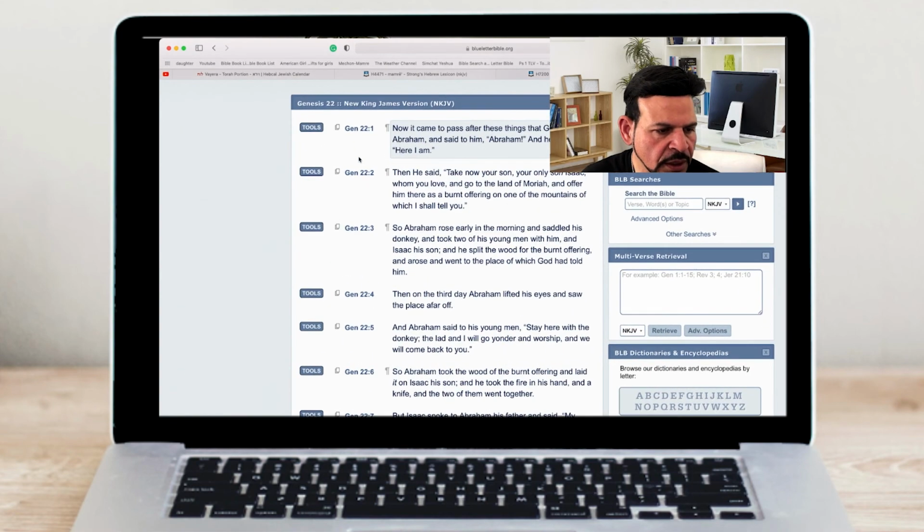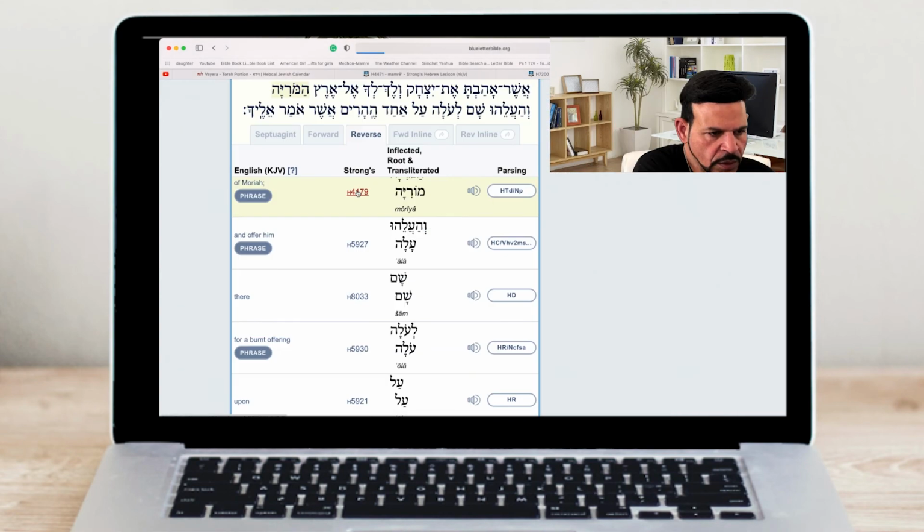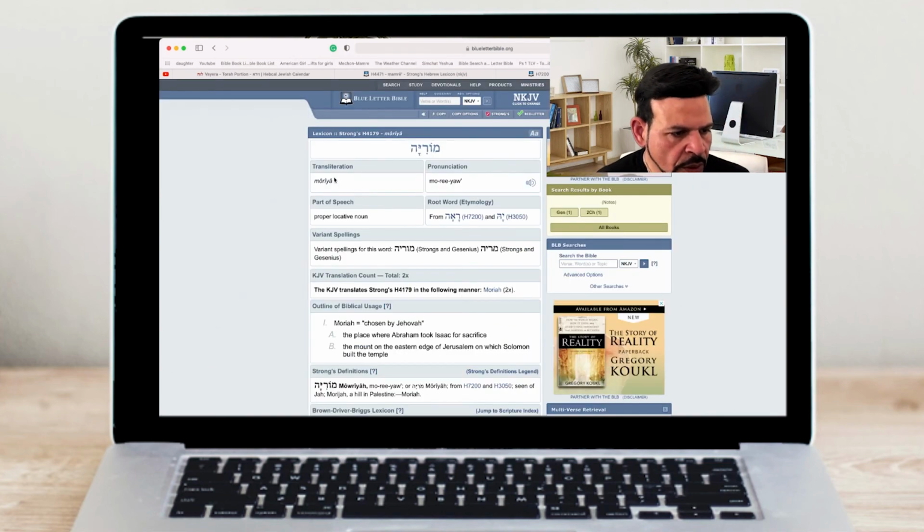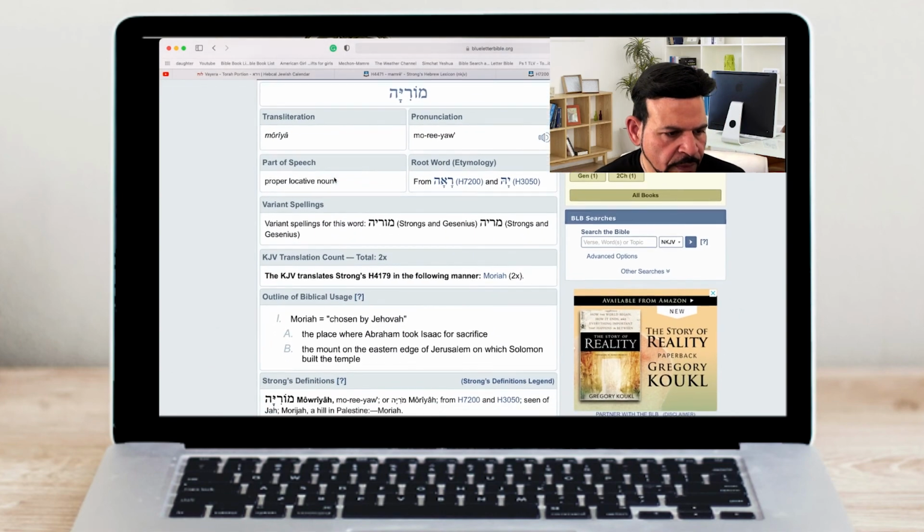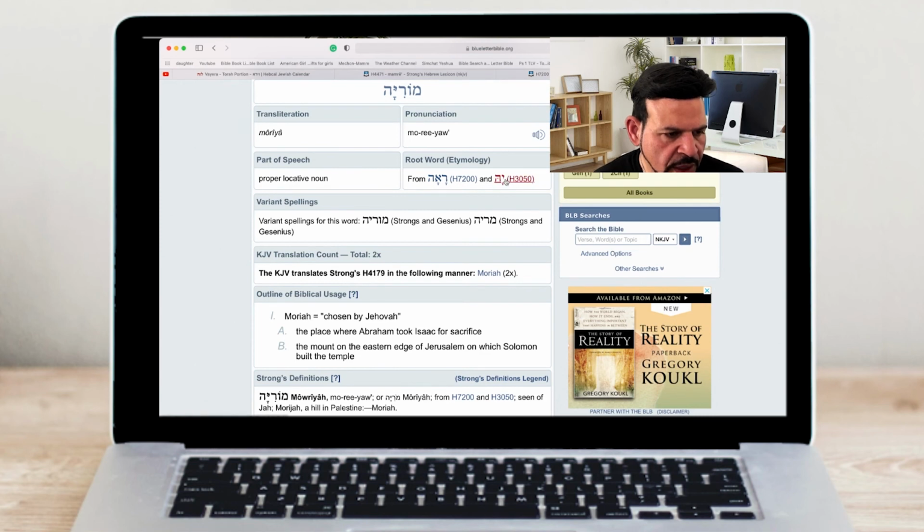And let's see Moriah. So look how it's written here. And look what they say is the connection. Yah, like hallelujah, the shortened form of Yud He Vav He. And notice the dagesh in there for Yah, hallelujah.